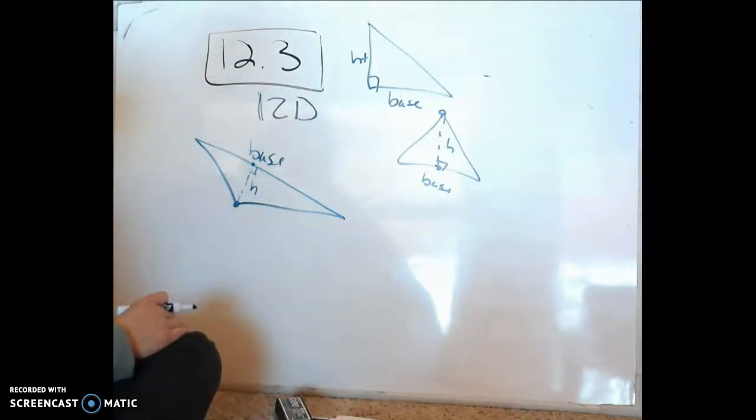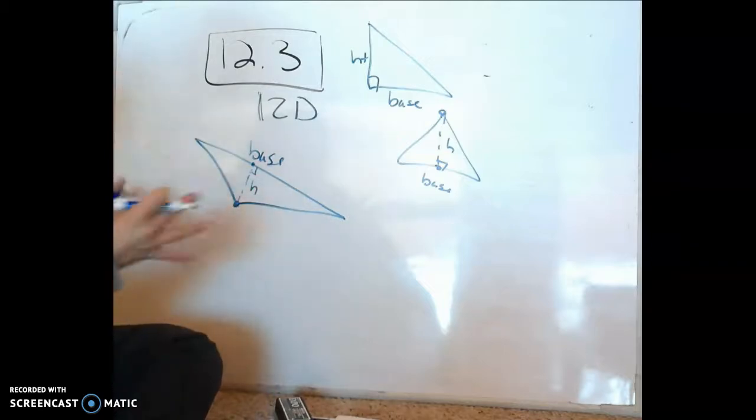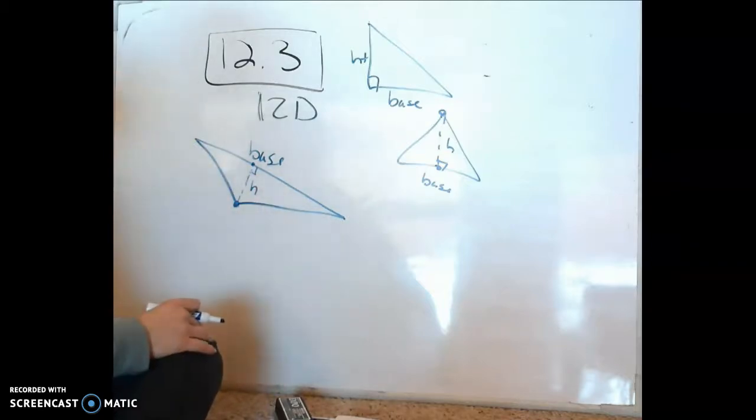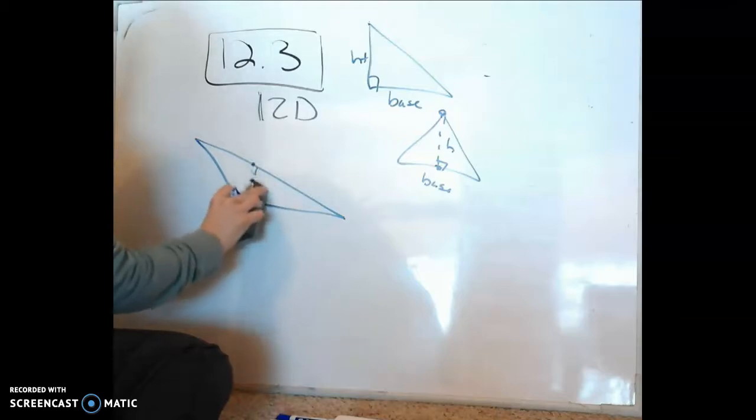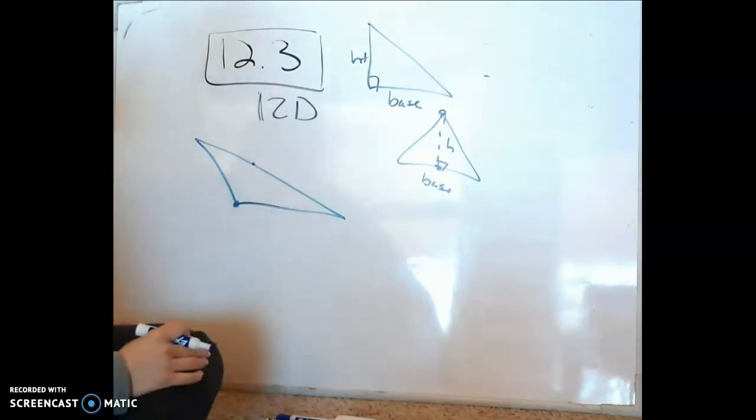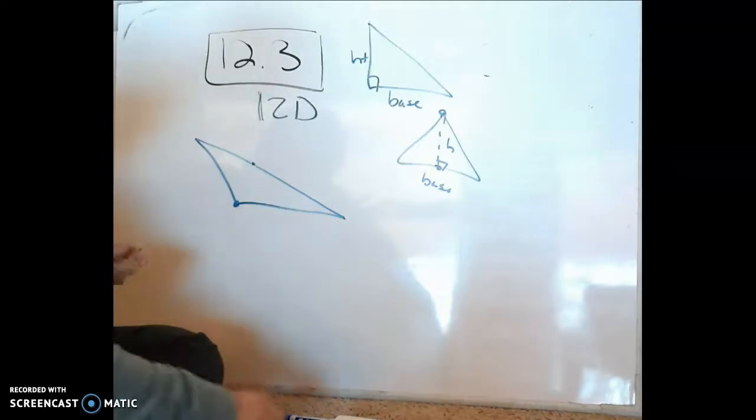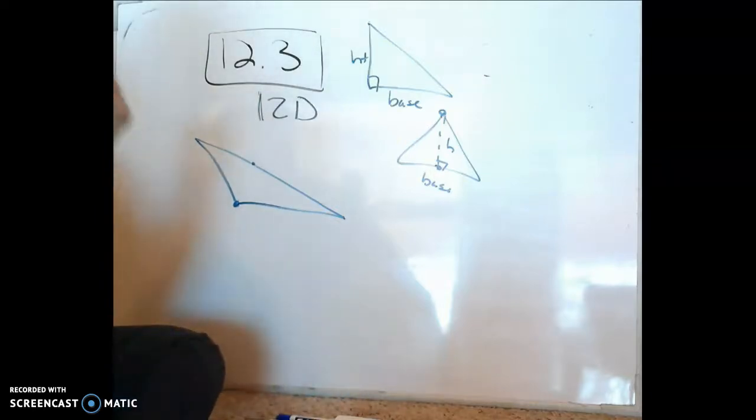And so having that height inside the triangle is pretty common. But any of the 3 sides can be the base, and then the height would be determined by that. So the height does not have to be inside the triangle.